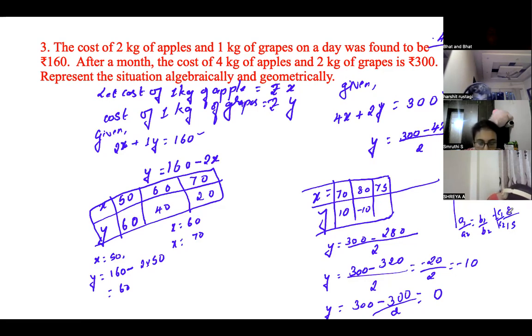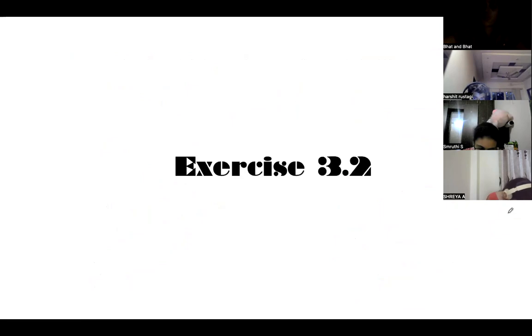Plot the graph and check. Can you go back to the slide? Sorry, I wanted to see.